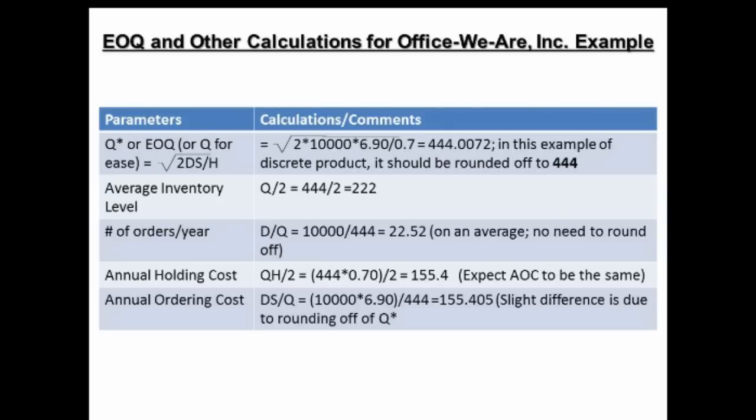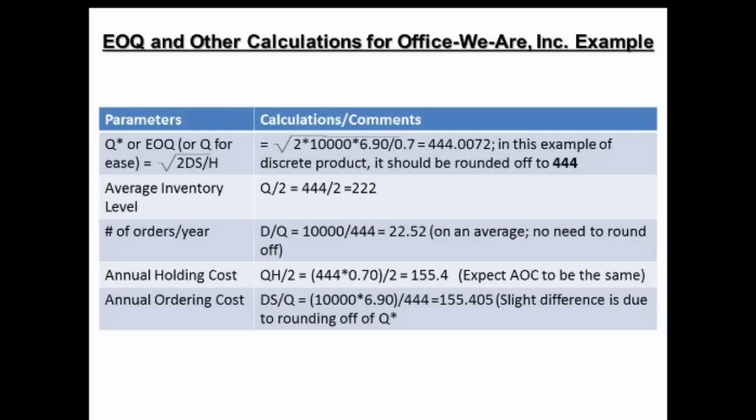Using this Q, we know the average inventory level is going to be 222. If the company knows the economic order quantity, why should they be using anything different? If you use economic order quantity, your average inventory level is going to be 222, as if you're holding 222 items with you all the time. How many orders will you place?